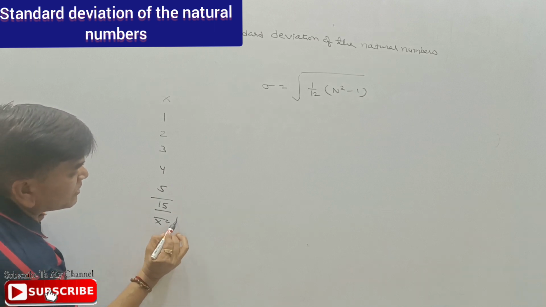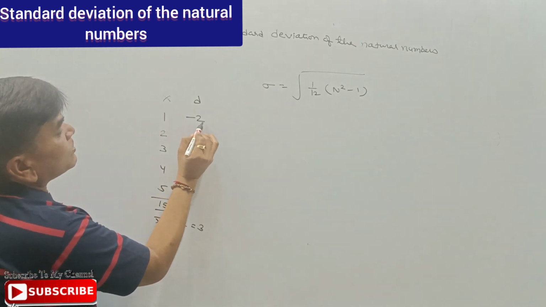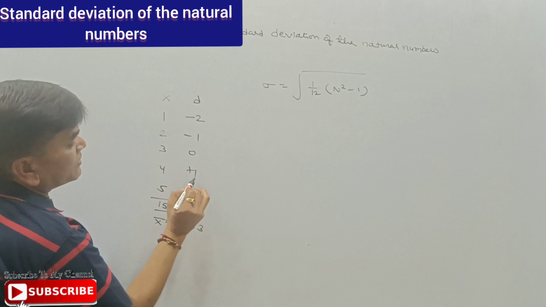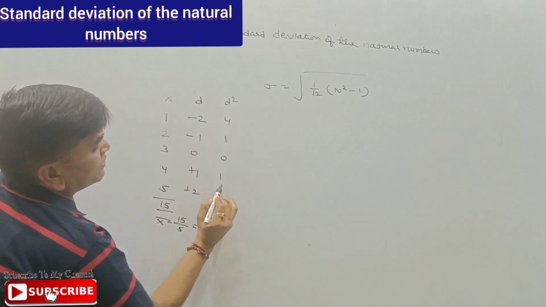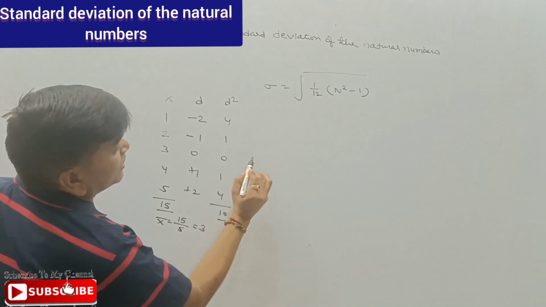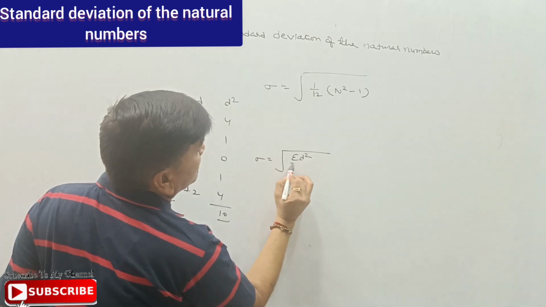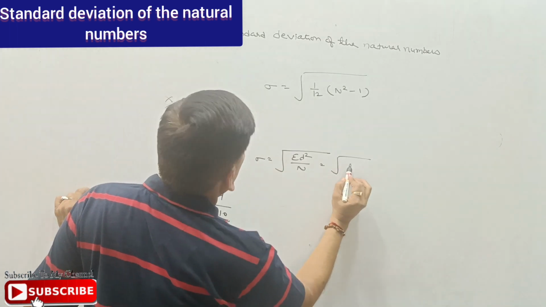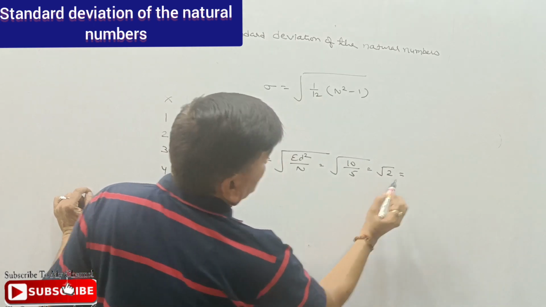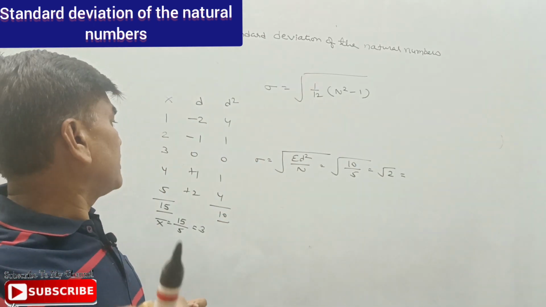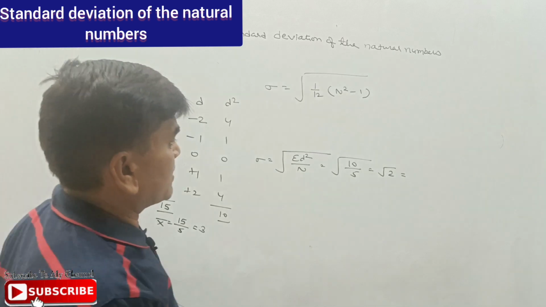So the arithmetic mean is 15 divided by 5, that is 3. D will be minus 2, minus 1, 0, plus 1 and plus 2, and D squared is 4, 1, 0, 1, 4, which sums to 10. So the standard deviation is under root of sigma D squared divided by n, that is under root 10 divided by 5, that is under root 2, which is 3.16.